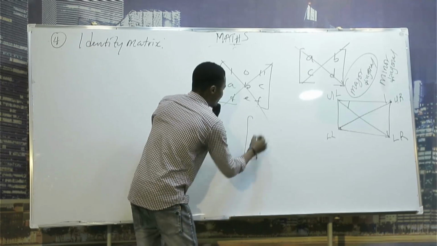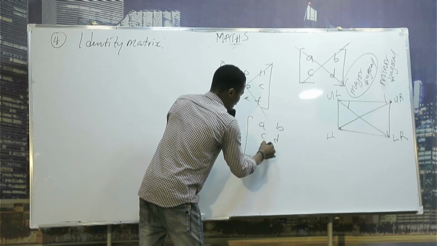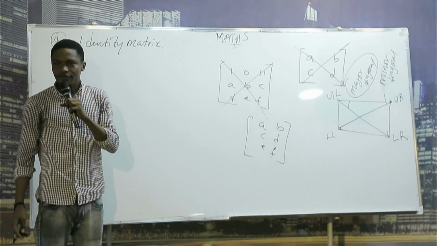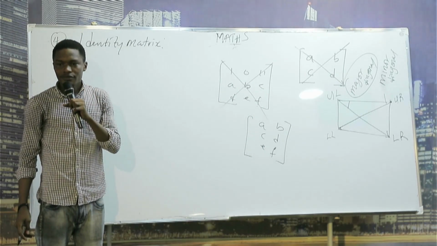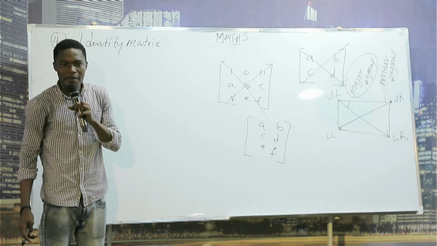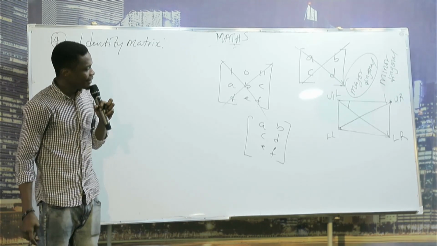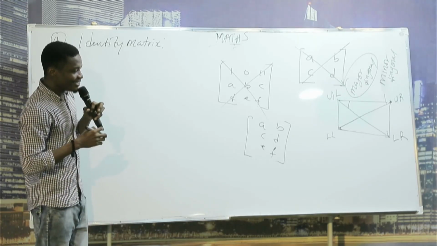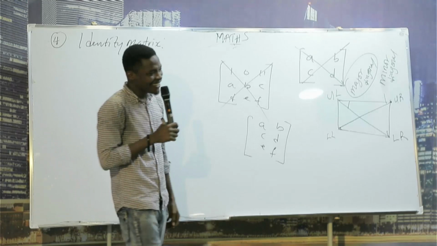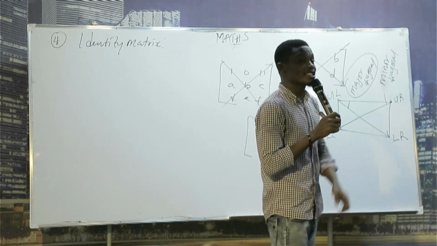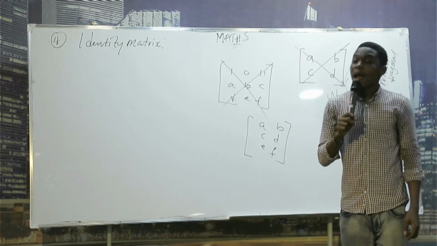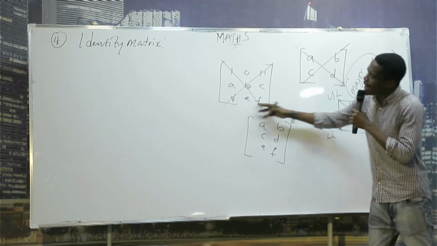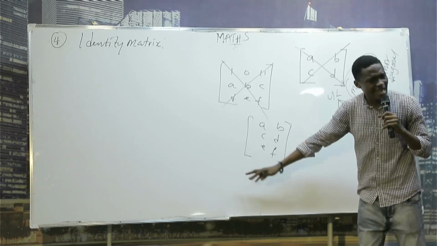Class, if I have A, B, C, D, E, F, which elements are in the major diagonal? None, because you cannot talk about major and minor diagonal here.